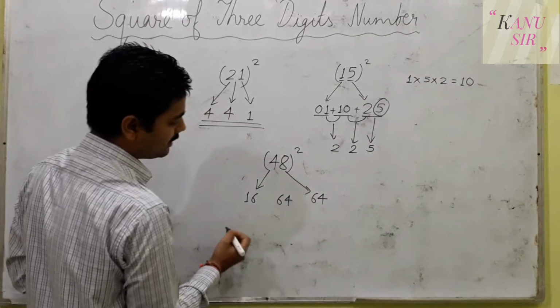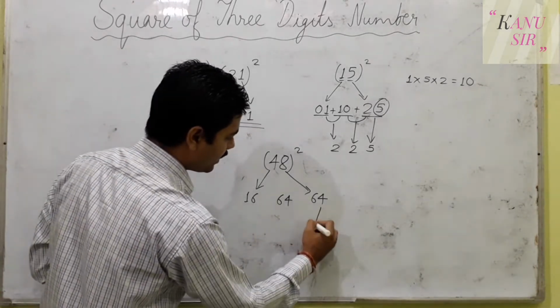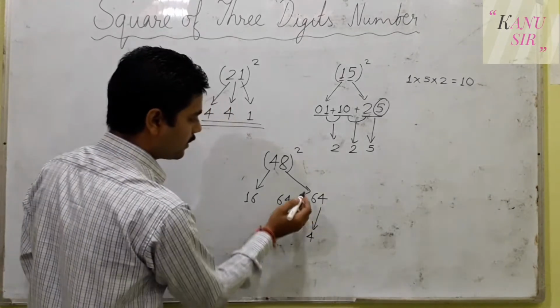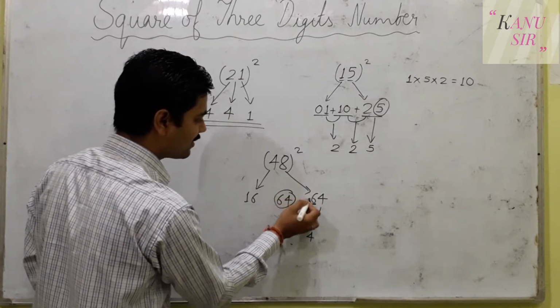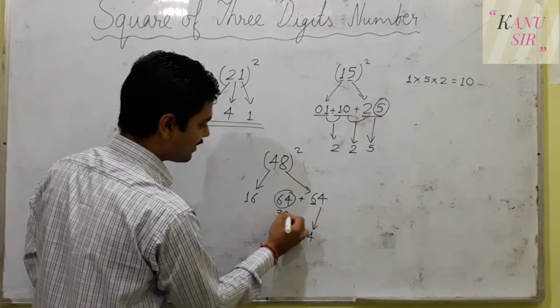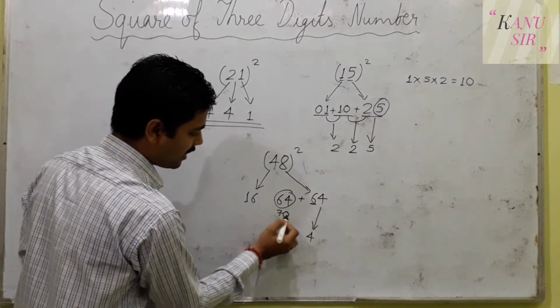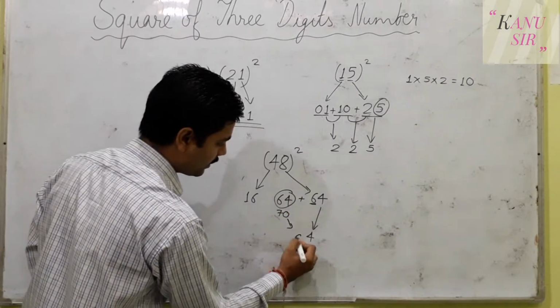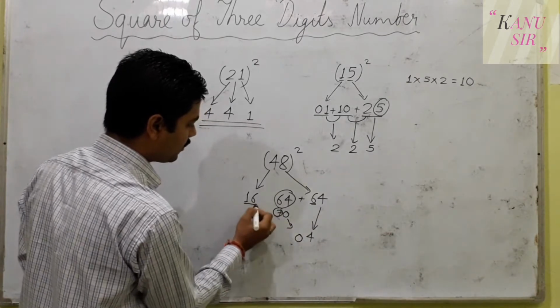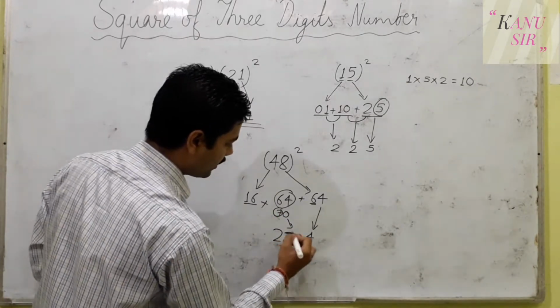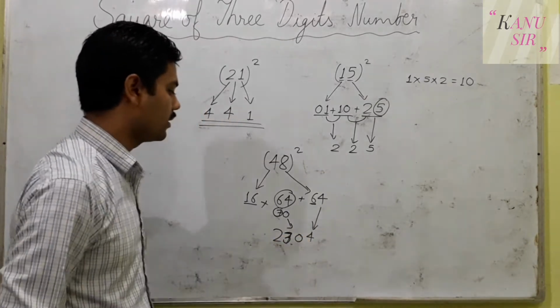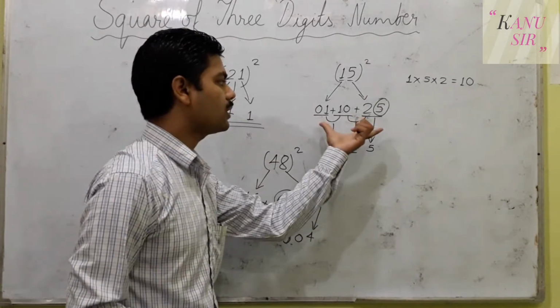While dropping one digit, take 4 here, and from 64, 6 carries over here. 64 plus 6 becomes 70, and from 70 you drop the 0 here, and 7 plus 16 becomes 23, and the answer comes 2304.